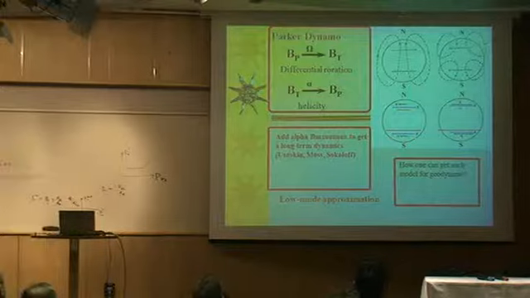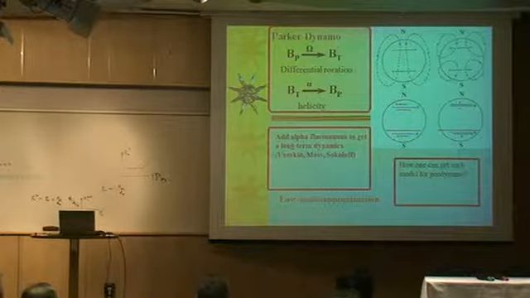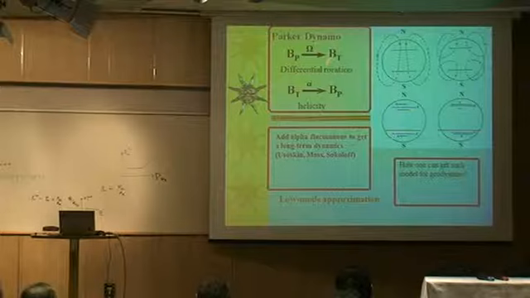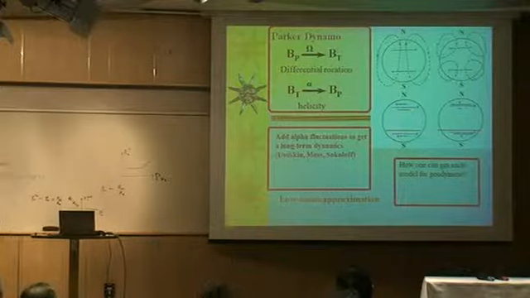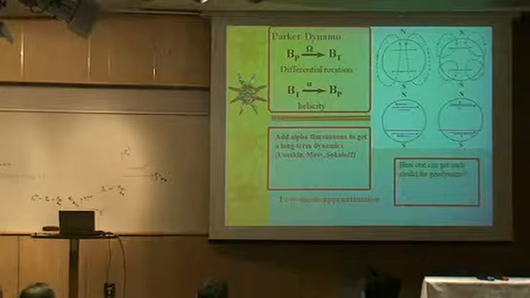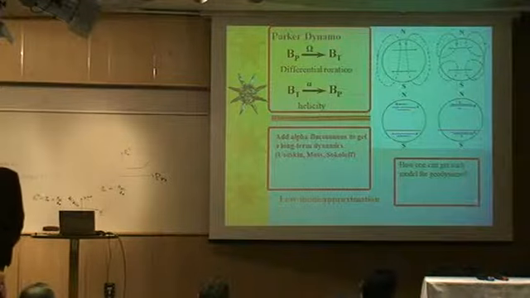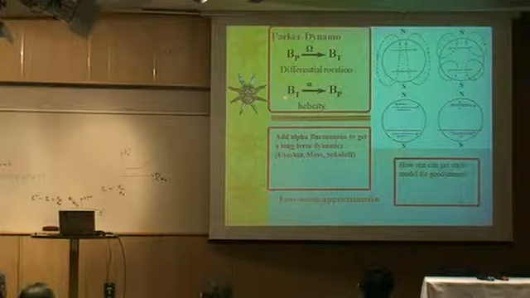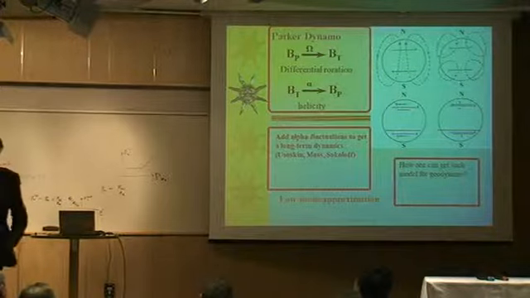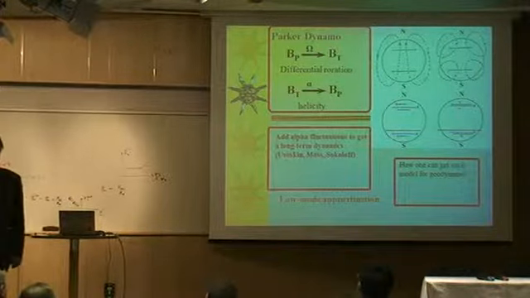I suppose that basically it is the same Parker dynamo, so poloidal field is transformed to toroidal by differential rotation, and the inverse transformation is performed by the alpha effect.